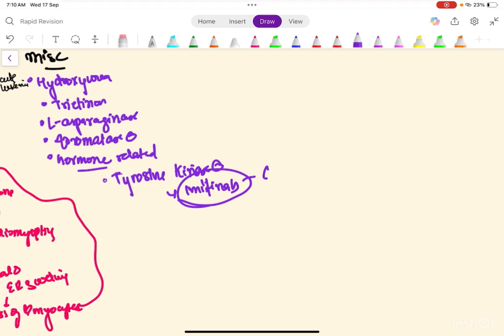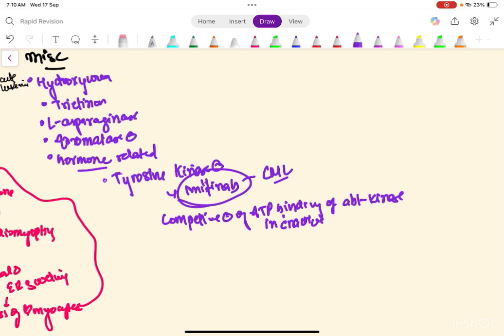Now this is used for CML. Basically it causes competitive inhibition of ATP binding of ABL kinase in inactive conformation. It is used in CML and also GIST, which is gastrointestinal stromal tumors.